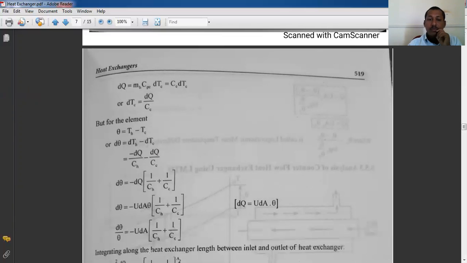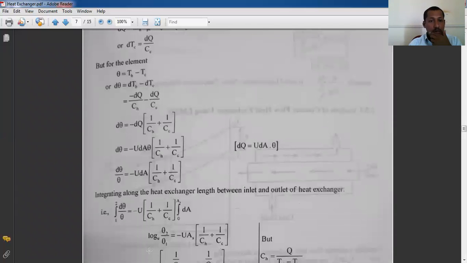Now after substituting the dq value and rearranging the equation, d theta by theta is equal to minus U into dA into 1 by CH plus 1 by CC. Now integrating on both sides, the integration of d theta by theta is equal to minus U, which is a constant term because the overall heat transfer coefficient is constant for the entire element, and 1 by CH plus 1 by CC is also constant.